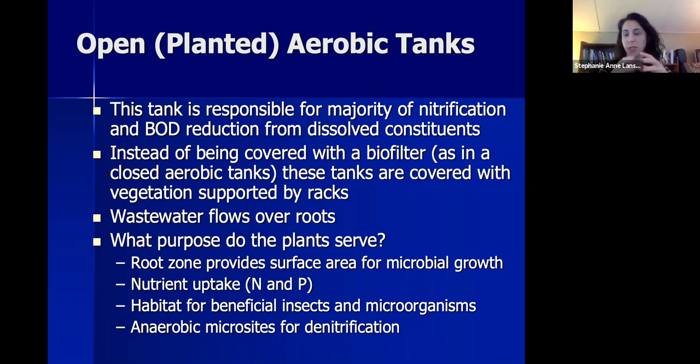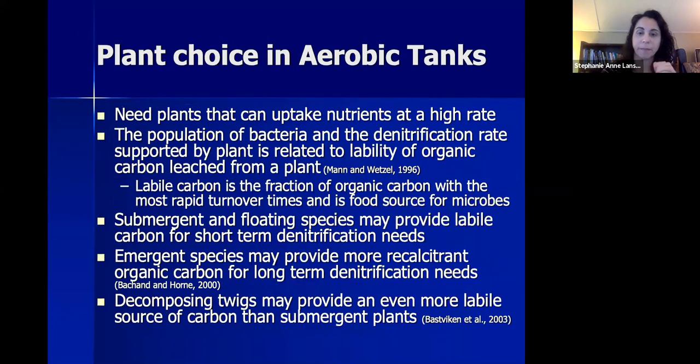That root zone is going to provide surface area for microbial growth. The roots are going to uptake nitrogen and phosphorus. The roots are also going to provide habitat for beneficial insects and microorganisms. And within those roots, when they get really thick, we might see anaerobic microsites. So we might get denitrification occurring in those roots as well.